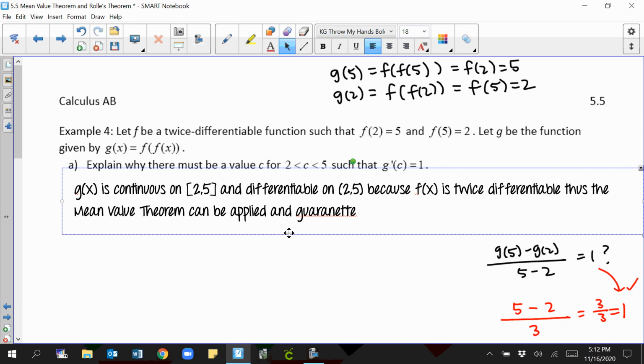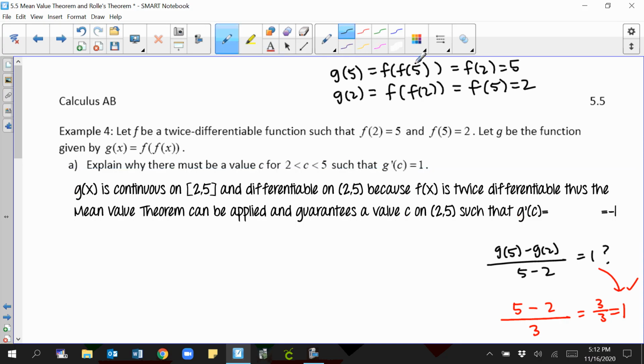And guarantees a value c on my open interval 2 to 5, such that g prime of c equals this whole fraction right here, which equals that 1.